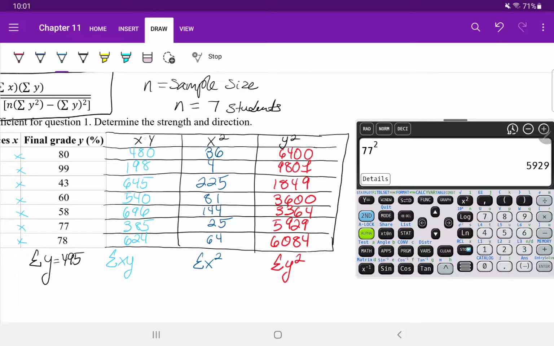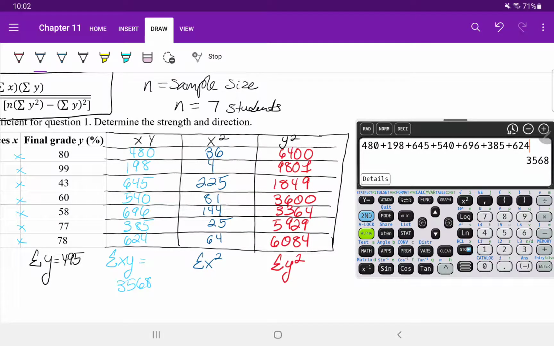After you do that, find the sums for each of those columns. So let's clear this. So that's 480. 3568.